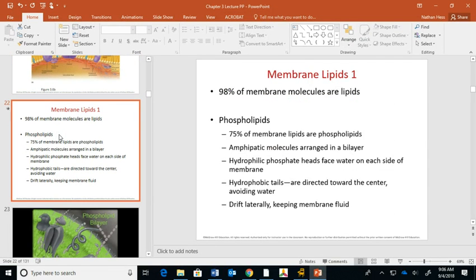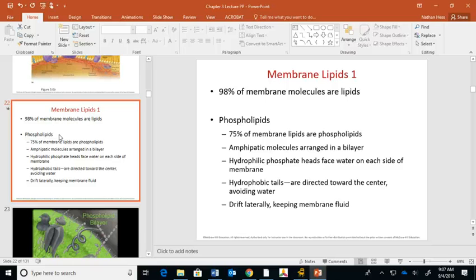One of the first things we'll talk about is membrane lipids. Most of the molecules that are in the membrane are lipids, 98% of them. And of that 98%, 75% of the membrane lipids are phospholipids, which makes sense because that's what the membrane is made of.